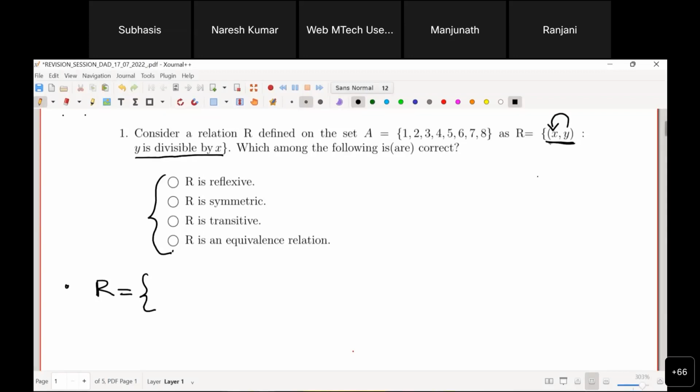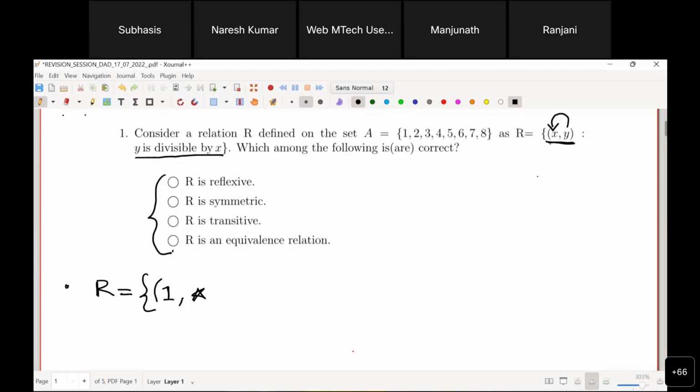Let me start. Suppose the first element of this pair is 1. If the first element is 1, then I have to take the second element in such a way that the first divides the second. That is the condition, right? y is divisible by x.